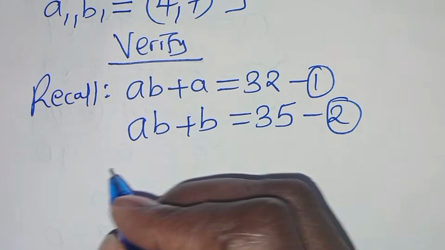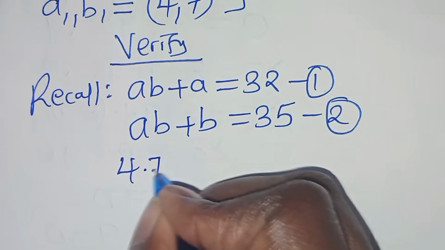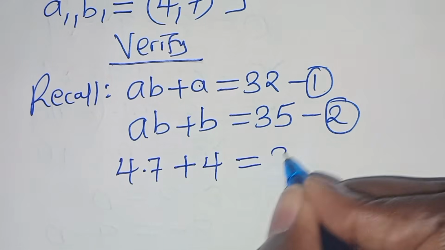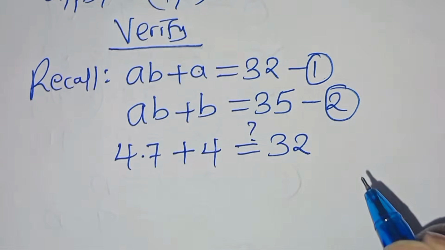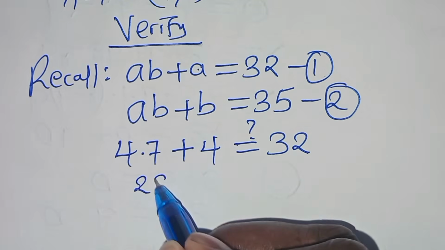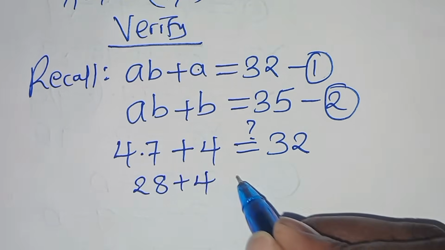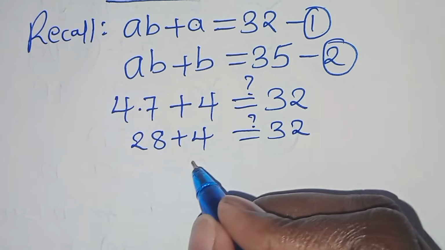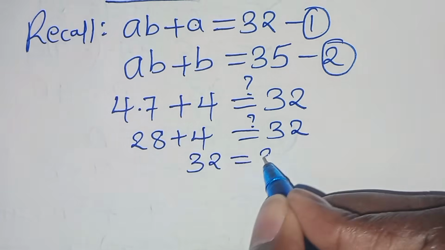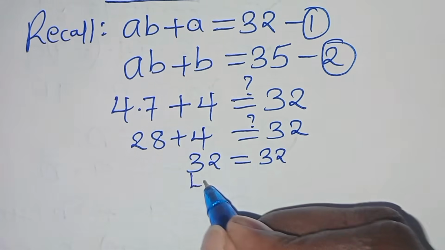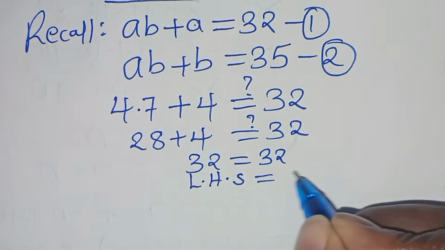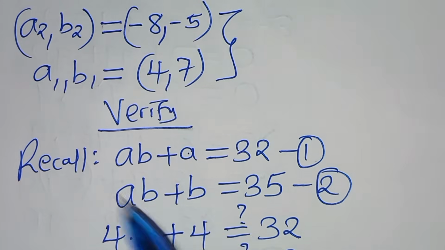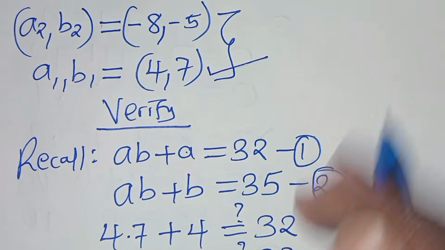So we have 4 times 7 plus A, which is 4. They should give us a value of 32. So 7 times 4 is 28, plus 4. 28 plus 4 is equal to 32, which is equal to 32. So the left hand side is equal to the right hand side, and this proves that A1, B1 satisfies the equation.